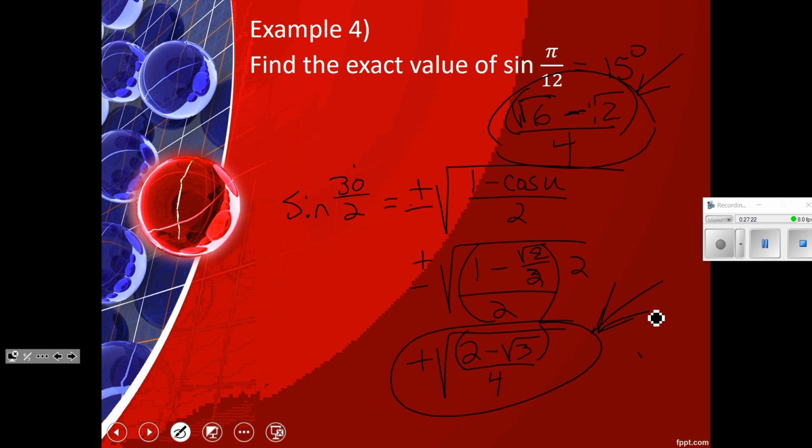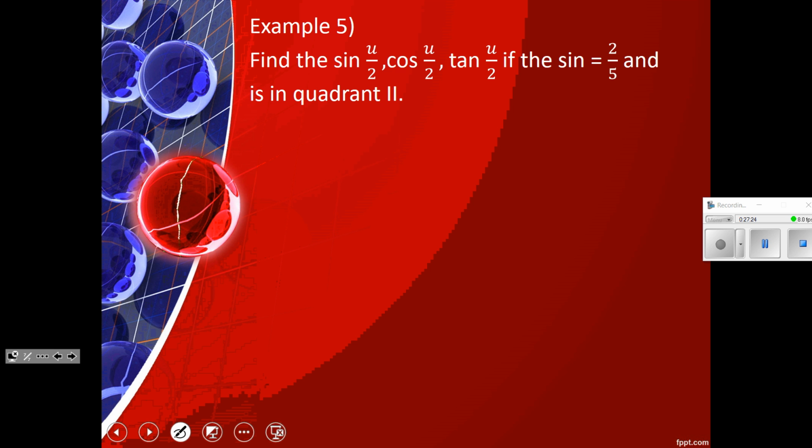All right, let's look at one more. So I'm not giving you the degree on this. I'm telling you that the sine is 2 over 5. That means 2 over 5 what?